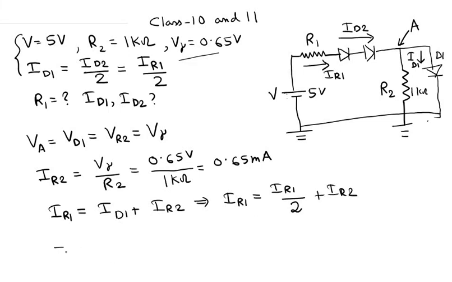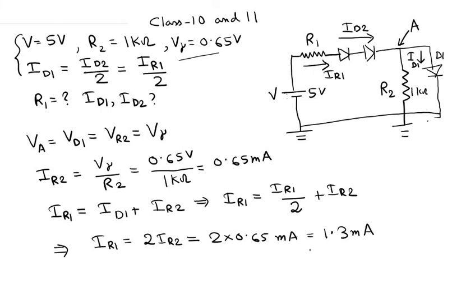So IR1 is equal to 2 times IR2. We have already found IR2, so IR1 is 2 times 0.65 milliamperes, which is 1.3 milliamperes. So you have found the current that flows through the resistor R1.